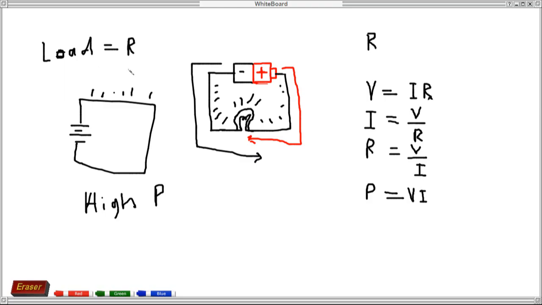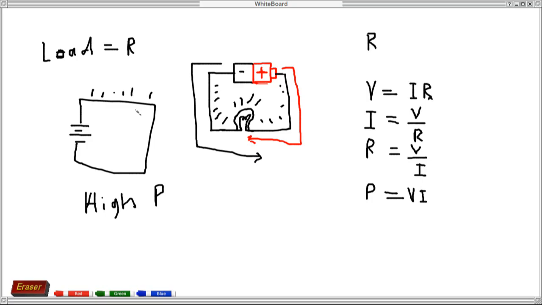That's why you never use a thin wire on a high voltage, or to be more precise, a high power system, because you're always going to dissipate a lot of heat, and the thinner your wire is, the more heat it dissipates.